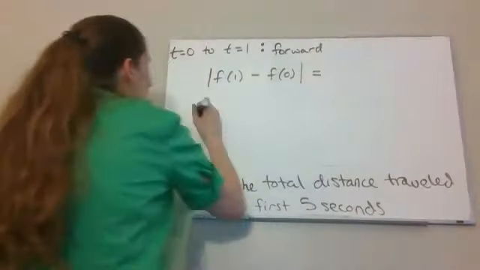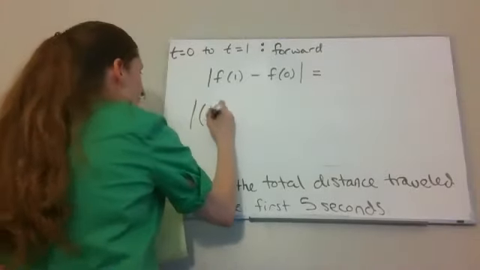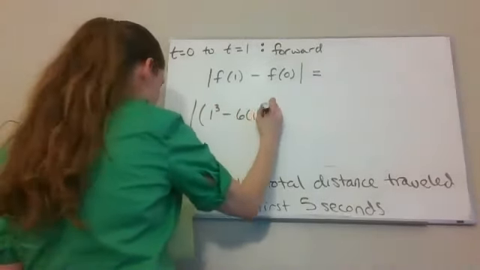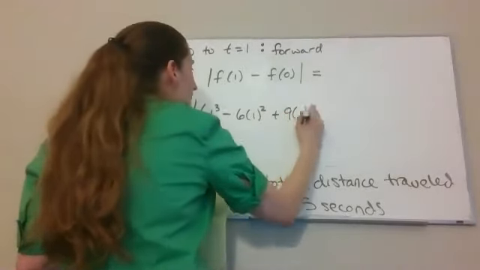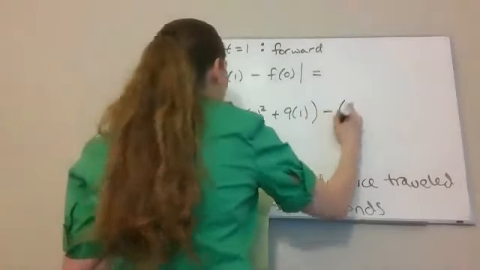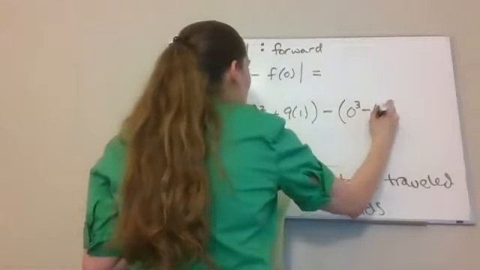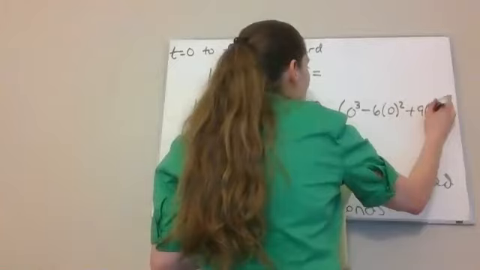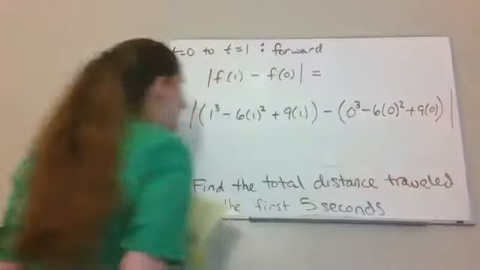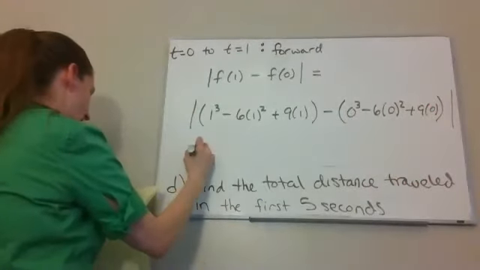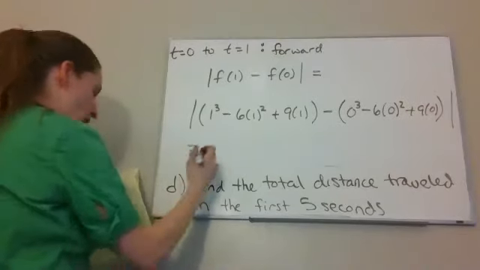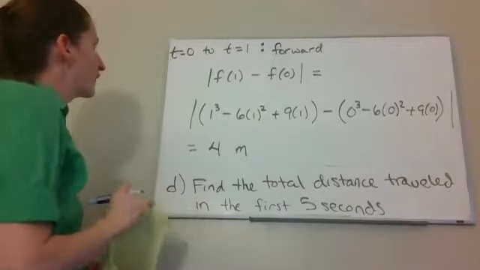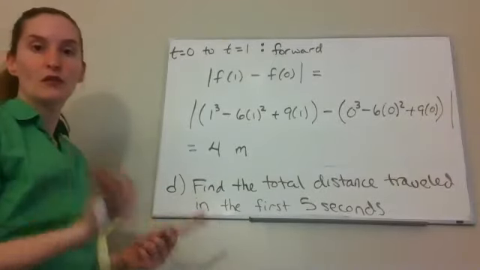So this is equal to 1 to the third minus 6 times 1 squared plus 9 times 1, minus 0 to the third minus 6 times 0 squared plus 9 times 0. And all of that, when you simplify, gets you 4 meters. So in the first second, the particle moved 4 meters.